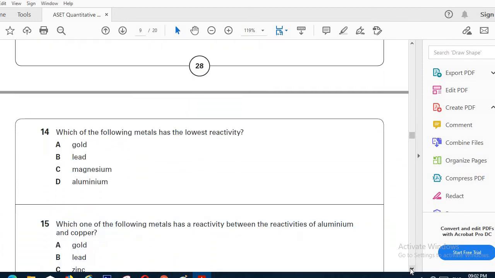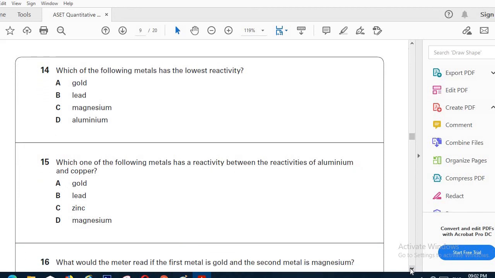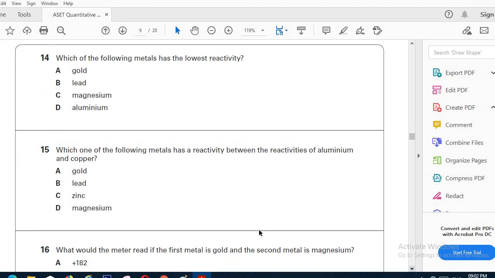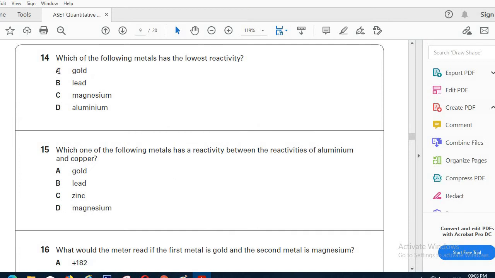Question number 14, which of the following metals has the lowest reactivity? Now you see we have the reactivity down to negative 96, that is of gold. So we will look at gold here.